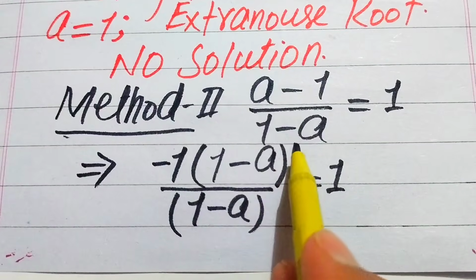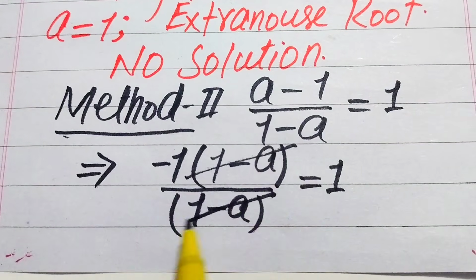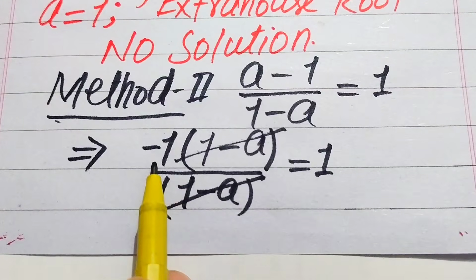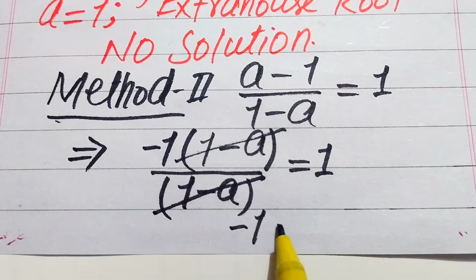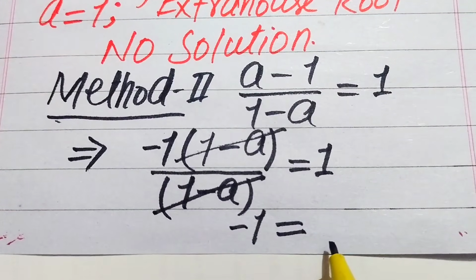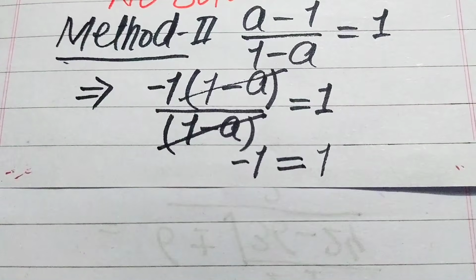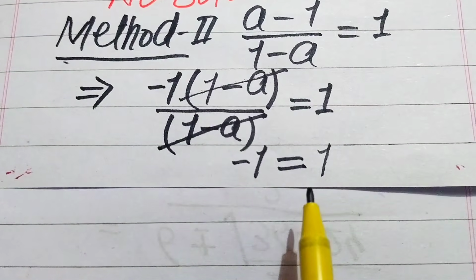You see here this 1 minus a is cancelled out by this 1 minus a, and we get minus 1 on the left hand side, and positive 1 on the right hand side. So here you see that minus 1 equals plus 1.